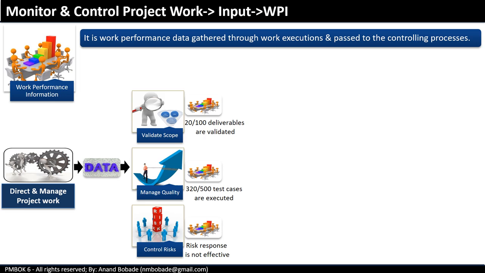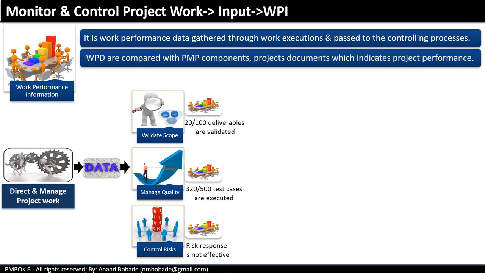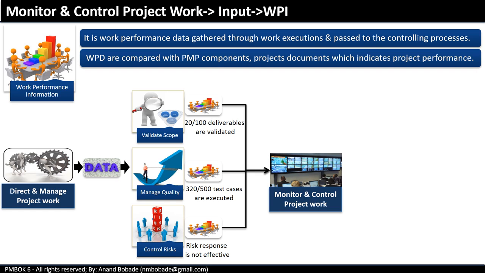It makes certain sense. You can understand, yes, out of 500 test cases, 320 test cases are executed. So what have we done? We have analyzed work performance data in a certain context. Now this work performance information is passed on to the monitor and control project work process, which provides a sound foundation for project decisions.